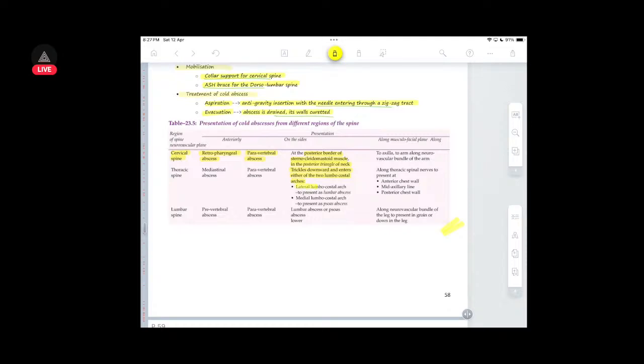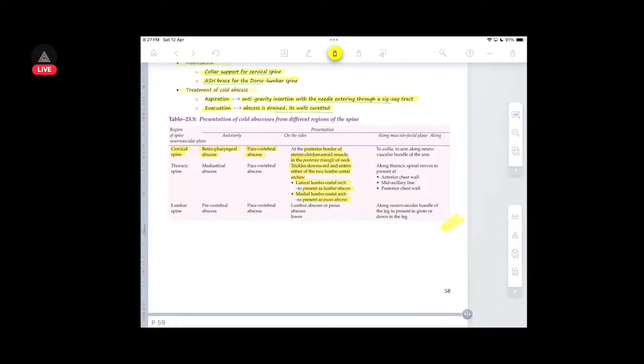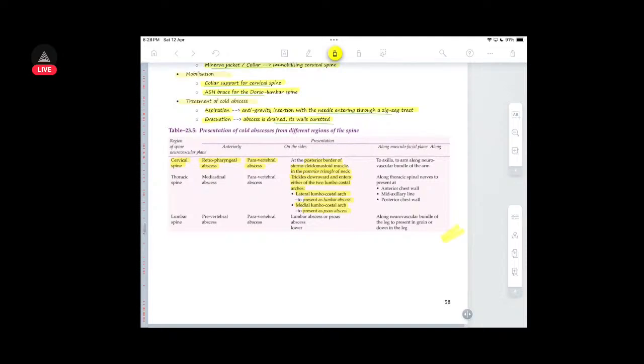The lateral lumbocostal arch presents as a lumbar abscess, and the medial lumbocostal arch as a psoas abscess. Along the musculofascial plane it can go to the axilla and arm along the neurovascular bundle. Along the thoracic spinal nerves it presents at the anterior chest wall, mid axillary line and posterior chest wall.